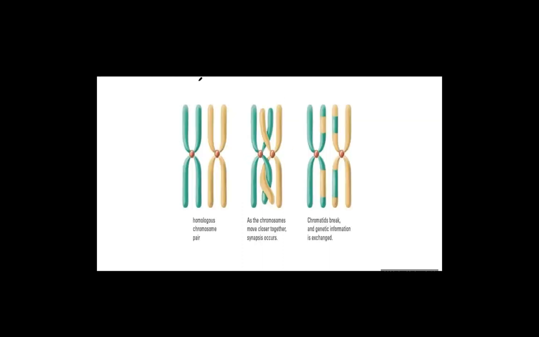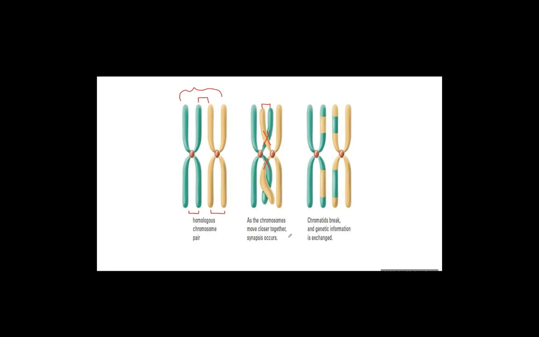One more time. This is a sister chromatid, and this is a non-sister chromatid, even though they are a pair of homologous chromosomes. Now, between non-sister chromatids, crossing over occurs. Can you see the X shape here and the X shape here? Synapsis occurs. Synapsis means associate and attach.